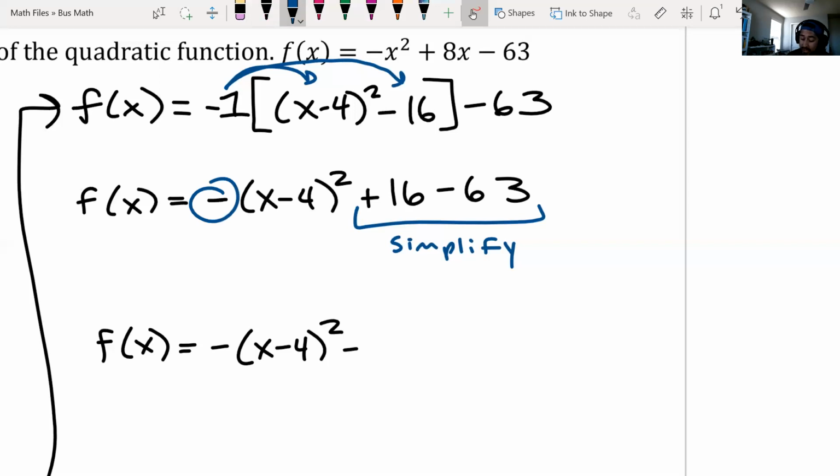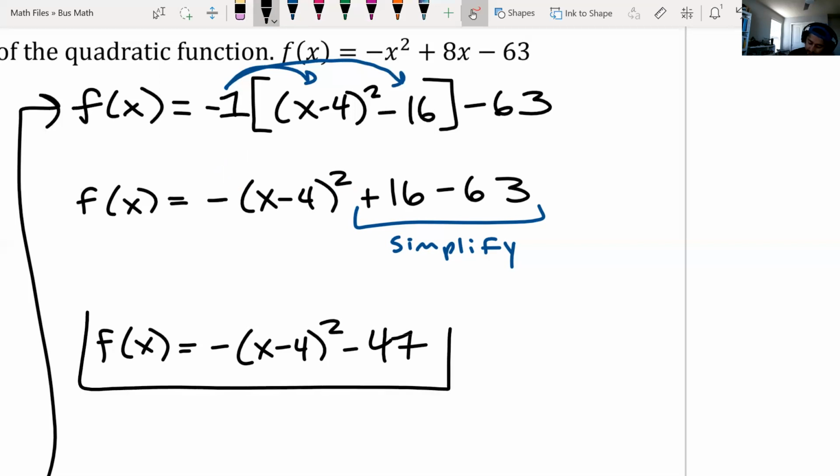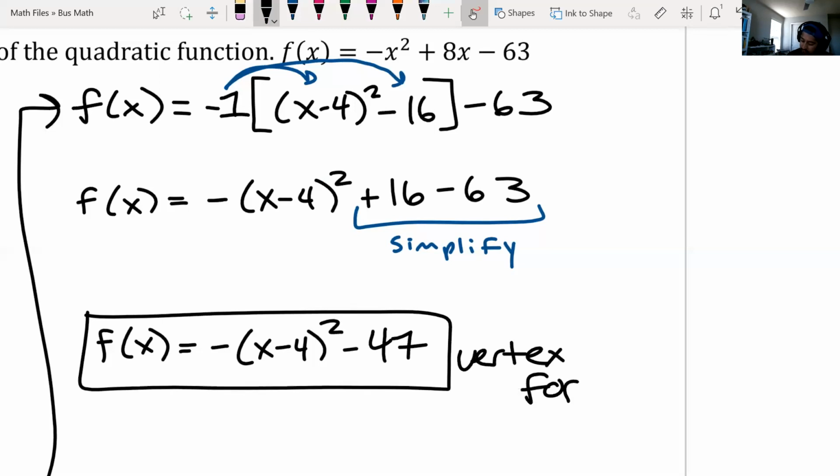We cannot distribute it in there because of that power. No, valid question. Good questions. Okay, and 16 minus 63 is 47. And there it is. There's the vertex form. That's why I didn't want to start off with this one.